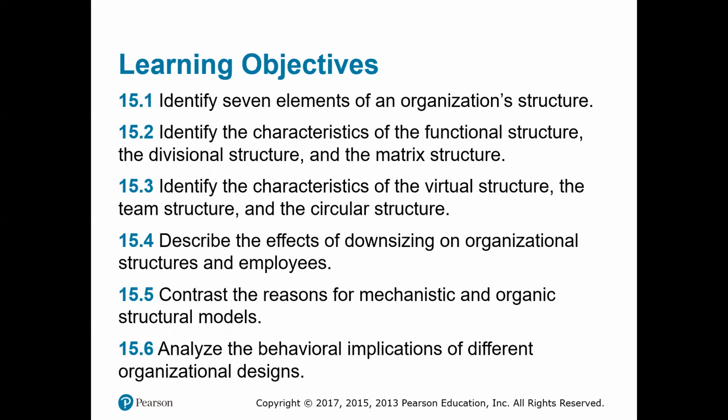Also, we want to find out what could be a virtual organization structure like the ones we see today. And there are plenty of organization structures which are centered around being team structures and circular structures where communication flows in all directions. And we also want to describe the effects of downsizing and organization structure and employees.